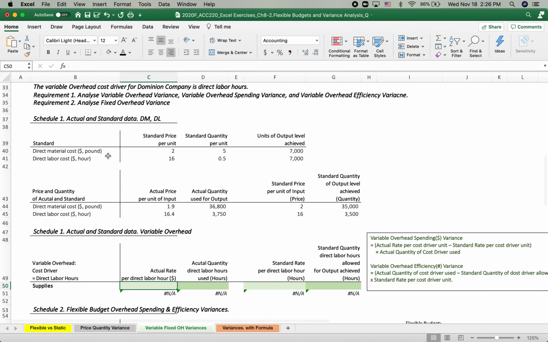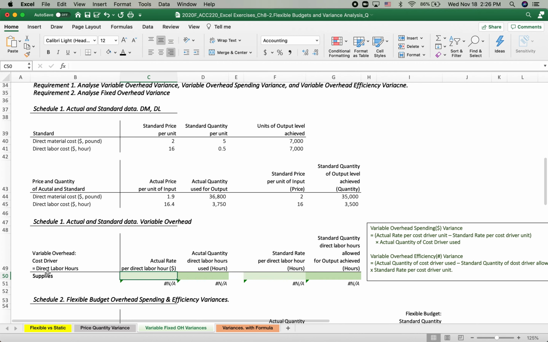So we are using the actual and standard data of direct material and direct labor, but once we determine that the cost driver is direct labor hours for variable overhead, we are not using the direct material cost. We will focus on the direct labor cost. So let's go.